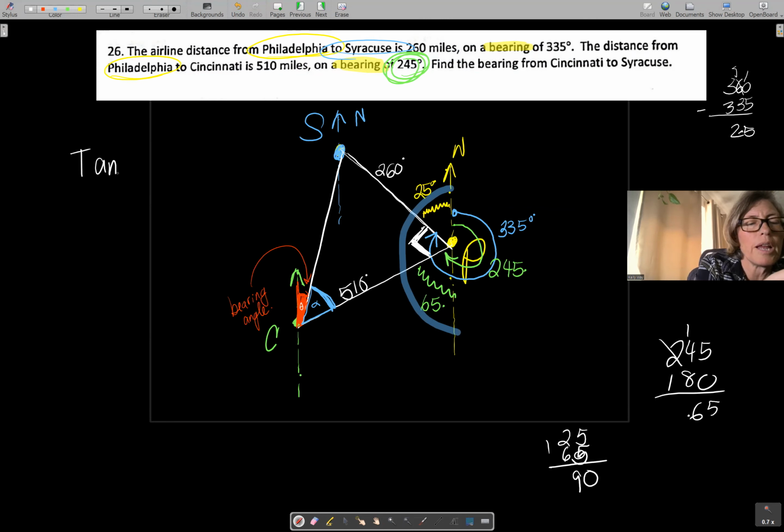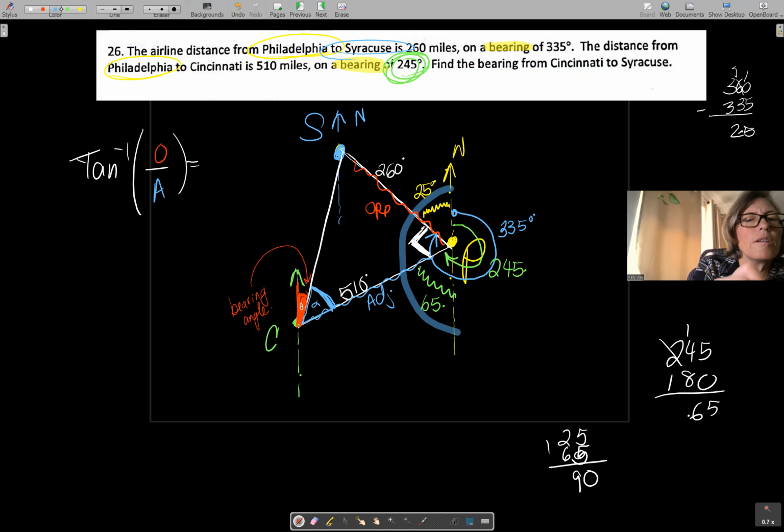That's going to be tangent, and you don't know why it's tangent yet. I do, but let's talk about it. From that angle, the 216 is going to be our opposite side, and the 510 is going to be our adjacent side. So we're using inverse tan, parentheses, opposite over adjacent, which is going to give us that angle alpha.